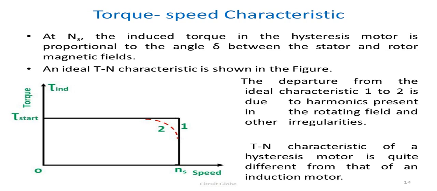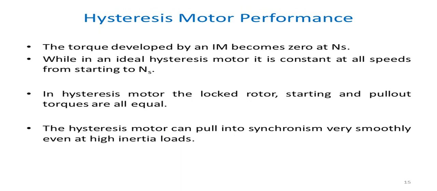So as seen in this figure, the characteristic is curved near the synchronous speed and the torque reduces slightly because of the harmonics present in the rotating field produced by the stator. The torque speed characteristic of a hysteresis motor is quite different from that of an induction motor.